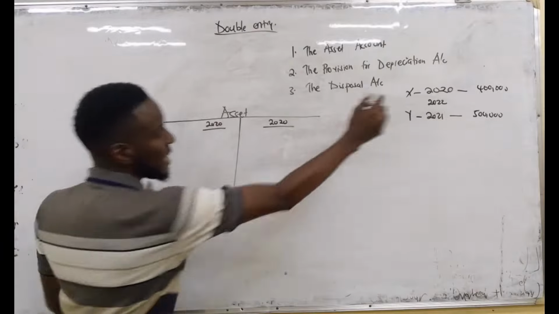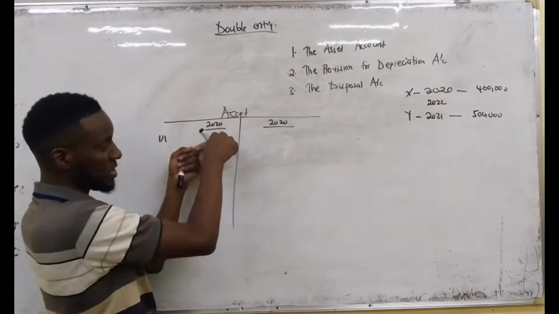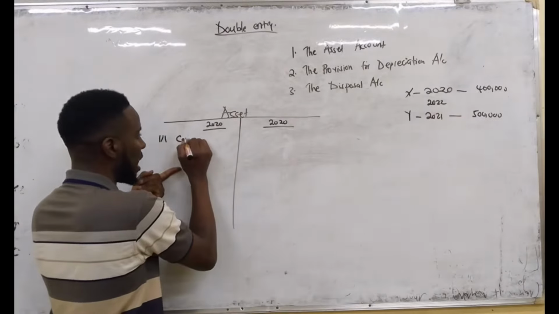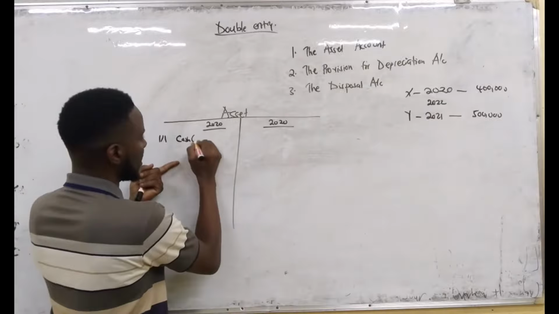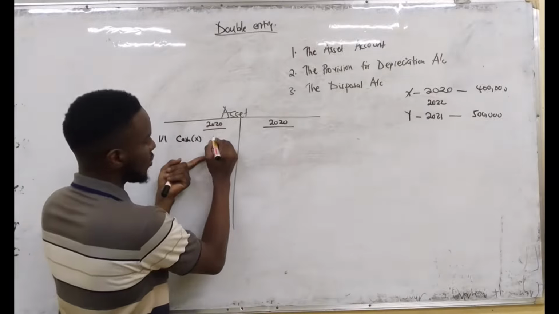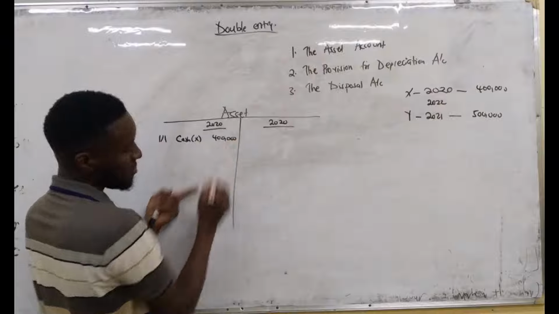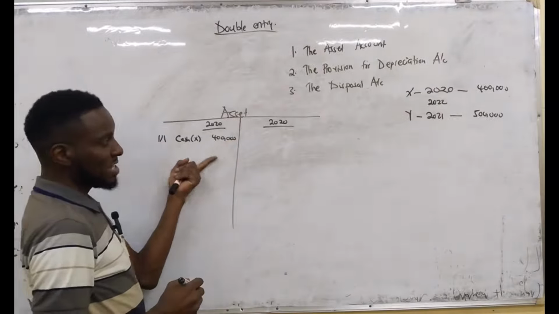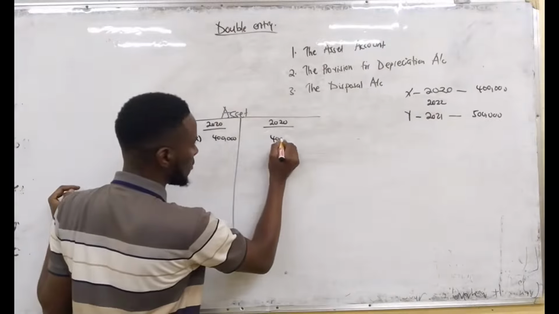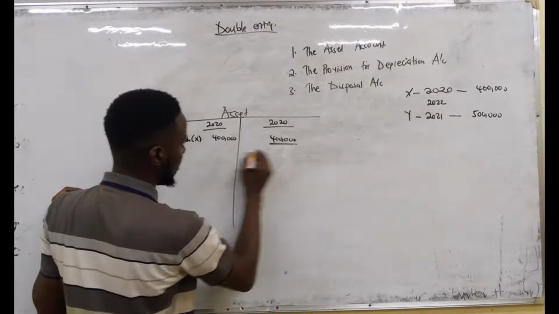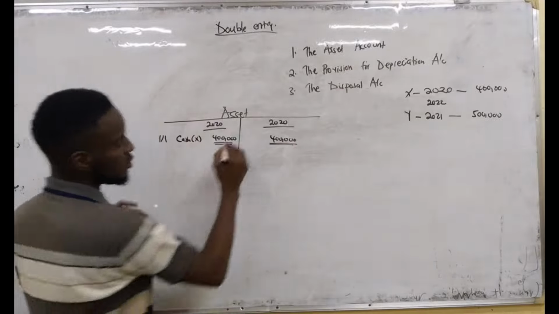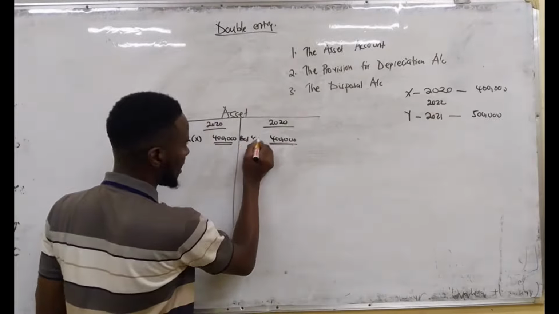Meaning, if you bought this asset on the 1st of January 2020, that means you bought it using cash. Then you indicate in bracket that it's X and it was worth 400,000. If there was no other purchase in 2020, you close off this year like this. Then this one is going to become our balance carried down.